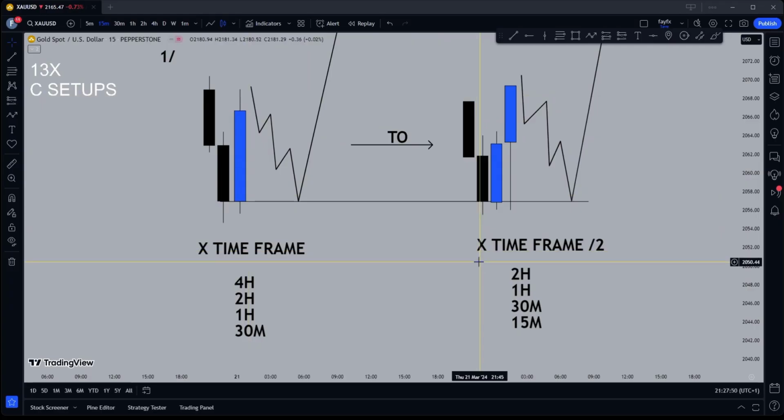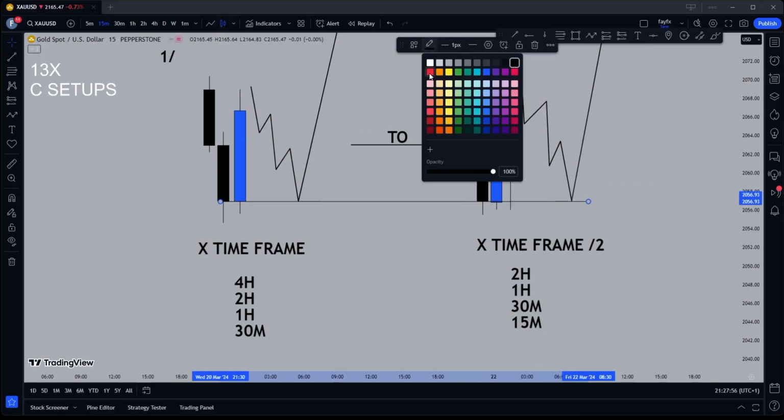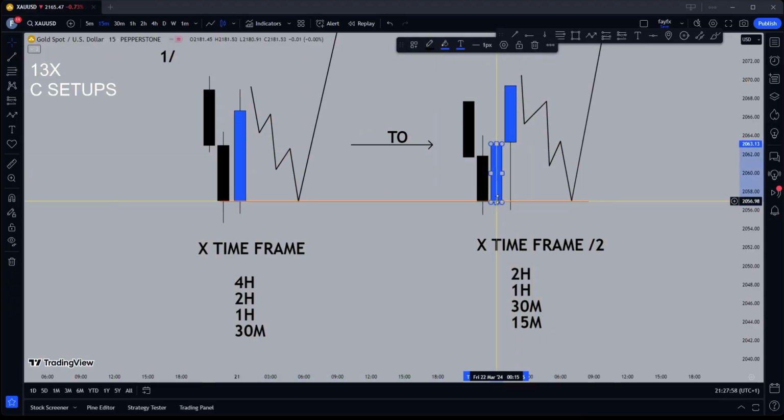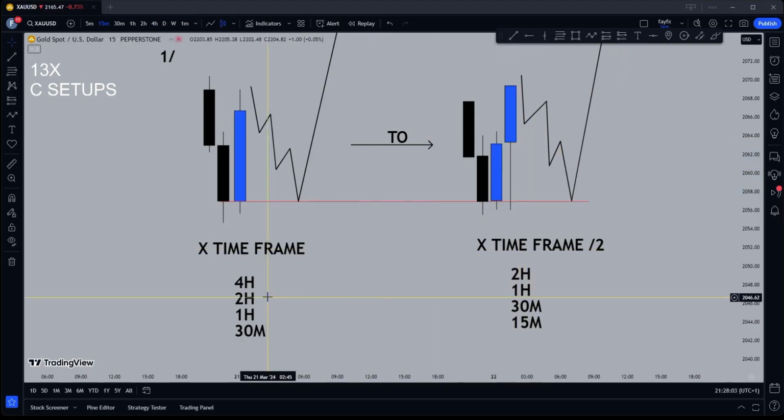And when you go to 2 hours at the same level, we will find the classic CC. 2 hours to 1 hour, 1 hour to 30 minutes, 30 minutes to 15 minutes.